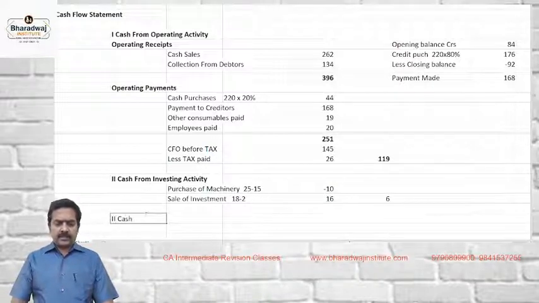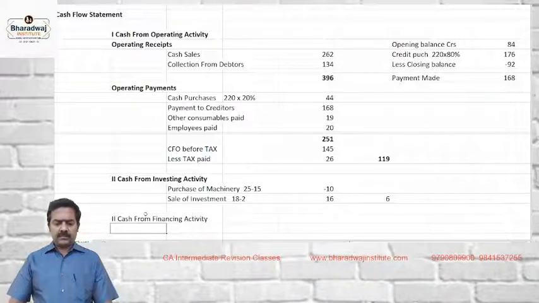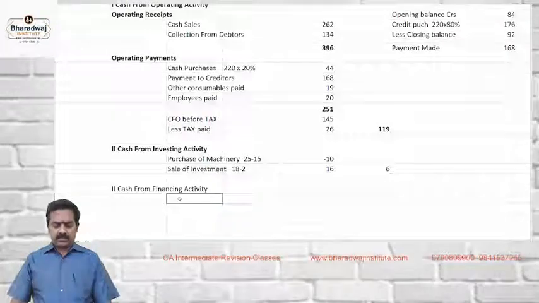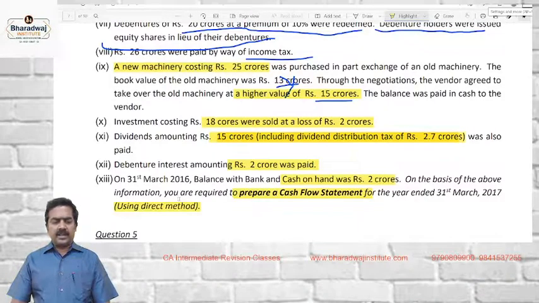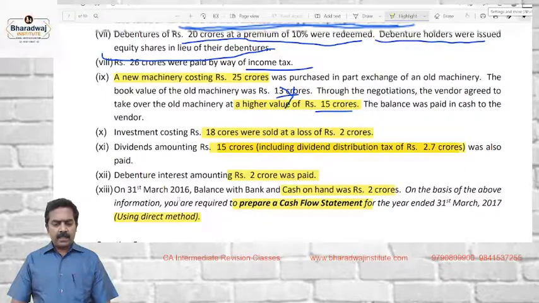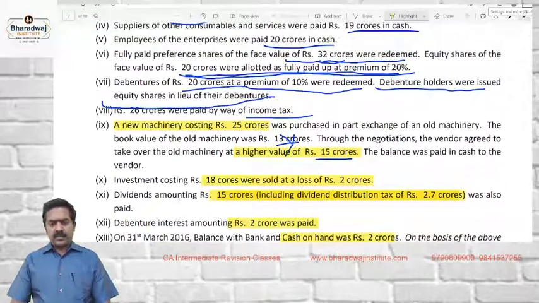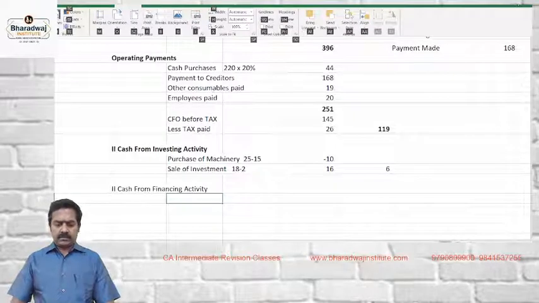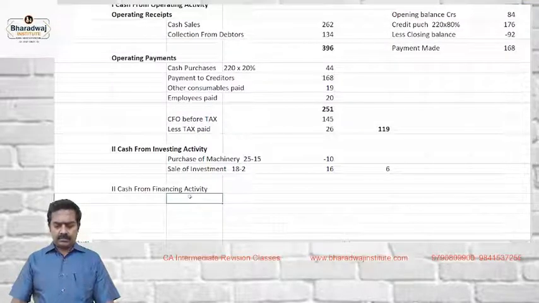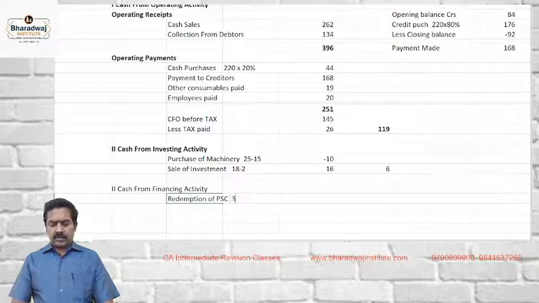Third, cash from which activity? What is the cash from financing activity? Preference shares redeemed. 32 crores we have to pay.